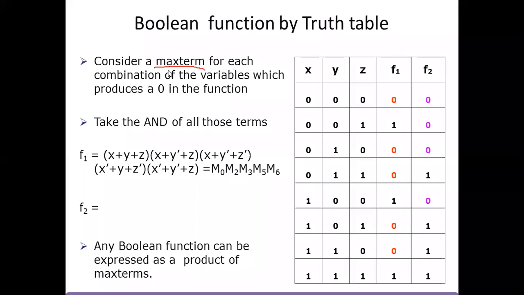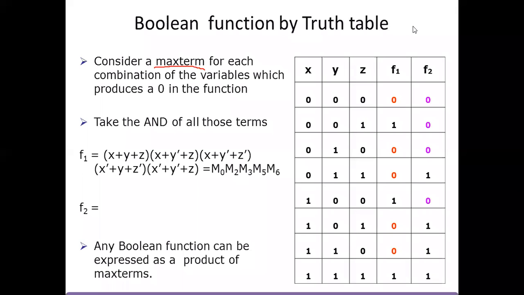When considering max terms, we do the opposite. In the function, we consider the zero rows. When writing the max term, when the value is 0, we don't prime. If the value is 1, we prime it.